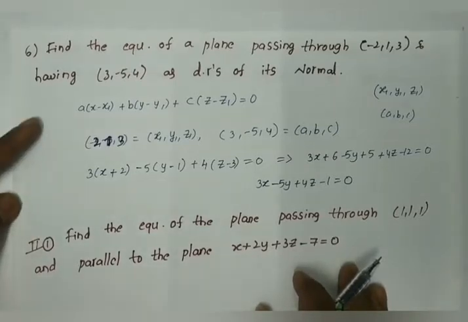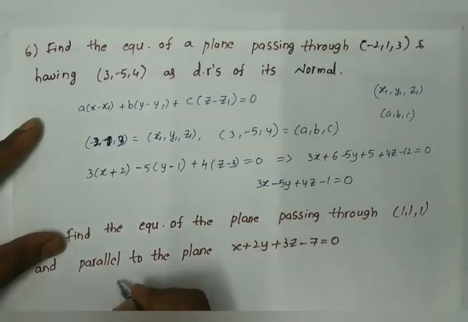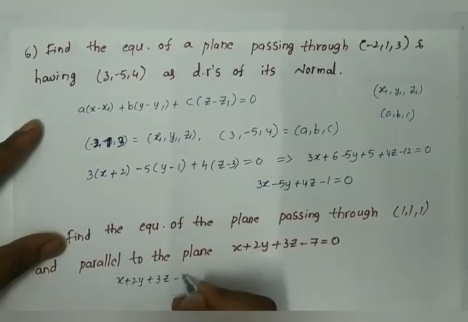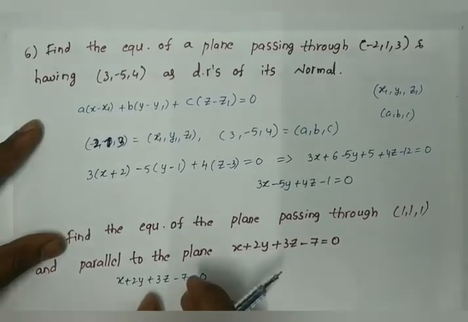First, the given plane is x plus 2y plus 3z minus 7 is equal to 0. So this is the given equation of a plane.